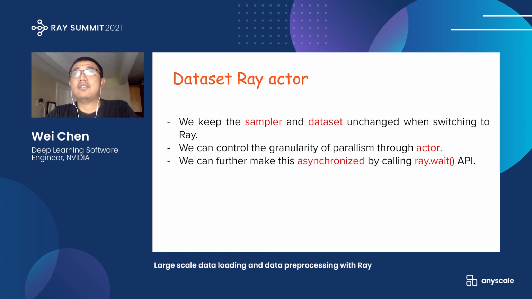Instead, we can check the status of each actor function call to see if it is ready by just checking the ray.wait API. In this way, the entire set of actors can run in an asynchronous manner. So this gives us a little bit more performance improvement.